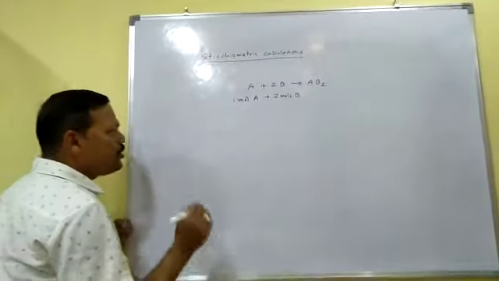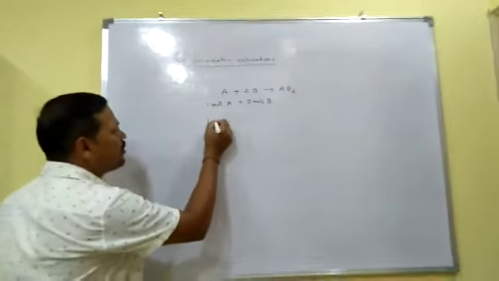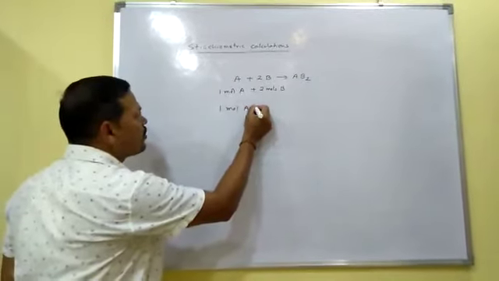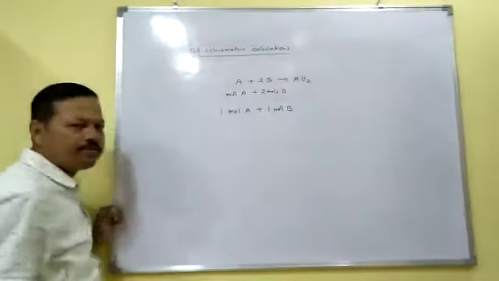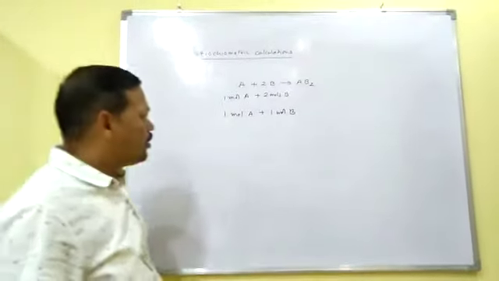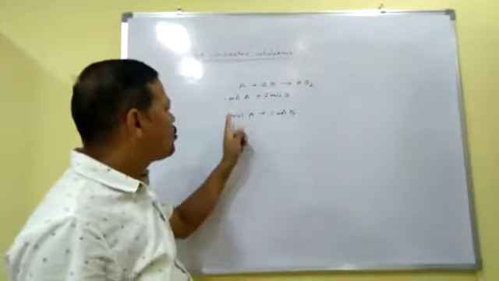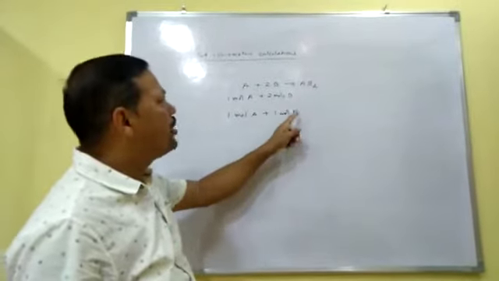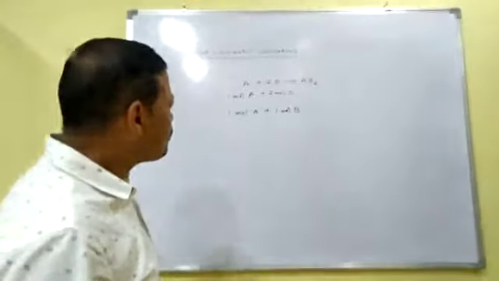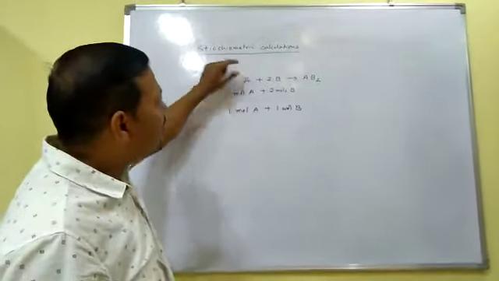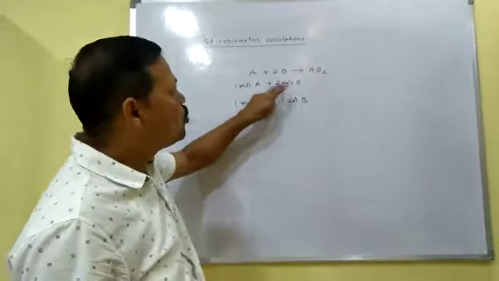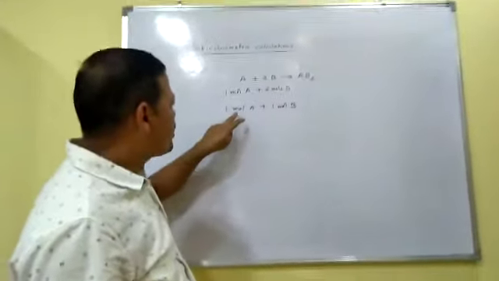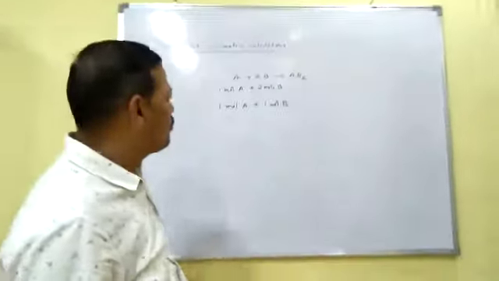But suppose in the question it is given that 1 mole A reacts with 1 mole B to produce AB2. Since in the balanced chemical reaction 1 mole always requires 2 moles, but here 1 mole reacts with 1 mole.